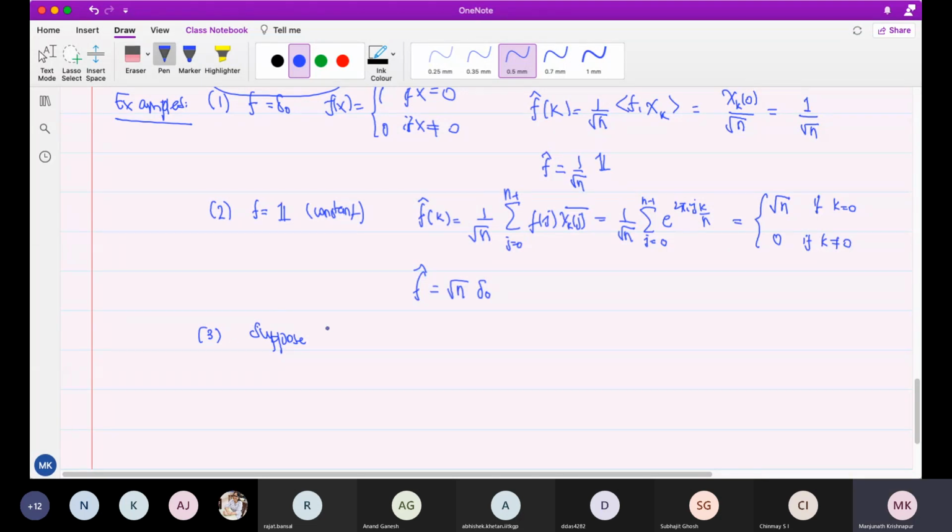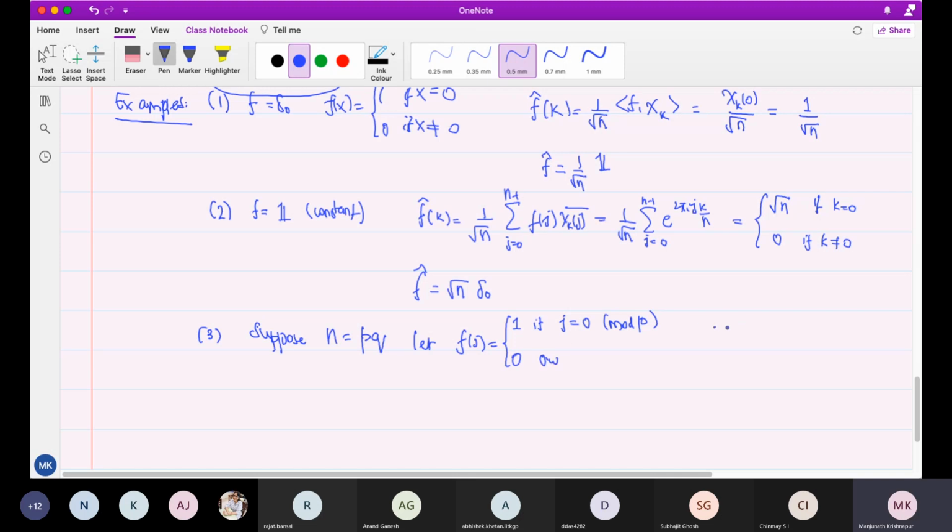Suppose n is p times q. I don't mean they are primes or anything like that. n is a product of two numbers, and let f of j be 1 if j is 0 mod p and 0 otherwise.